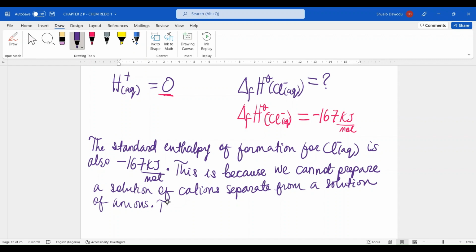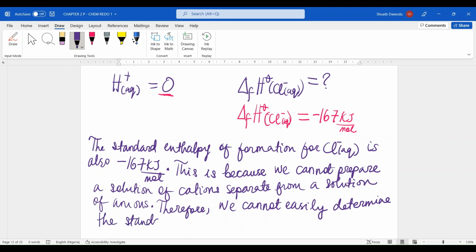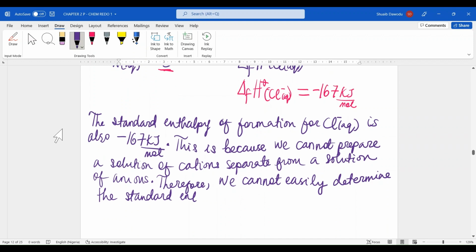Therefore, we cannot easily determine the standard enthalpy of formation for any ions.